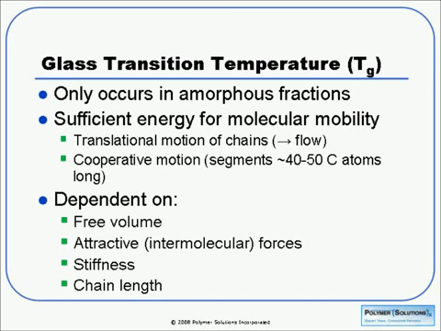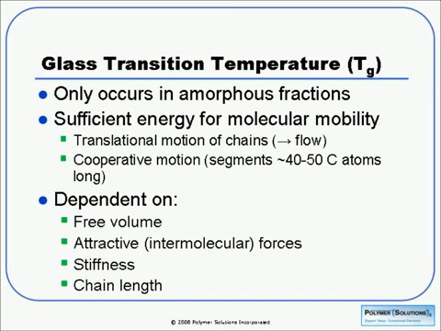Focusing a little bit on the amorphous areas, the most prevalent transition we talk about there is the glass transition, or TG. That's something that occurs only in the amorphous areas. It happens when you put in enough energy to impart mobility to the chains. This can be translational motion, basically flow of the polymers, or it can mean segmental motion of maybe 40 to 50 carbon atoms along the backbone, which are able to move around a little bit.